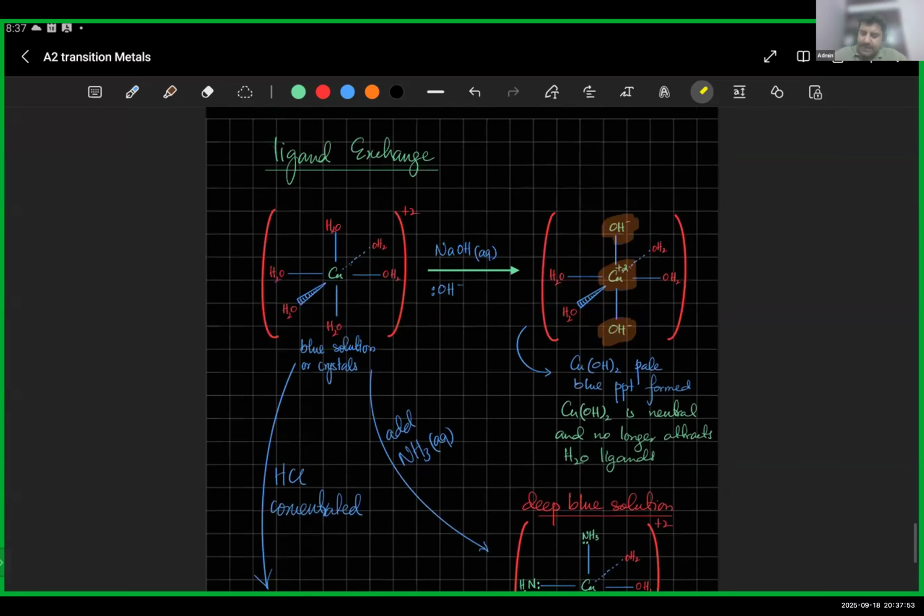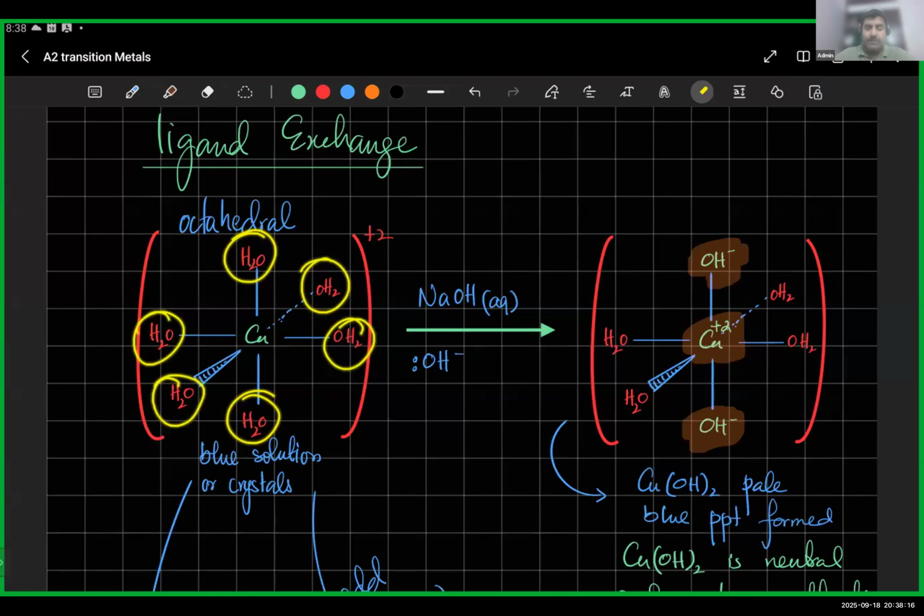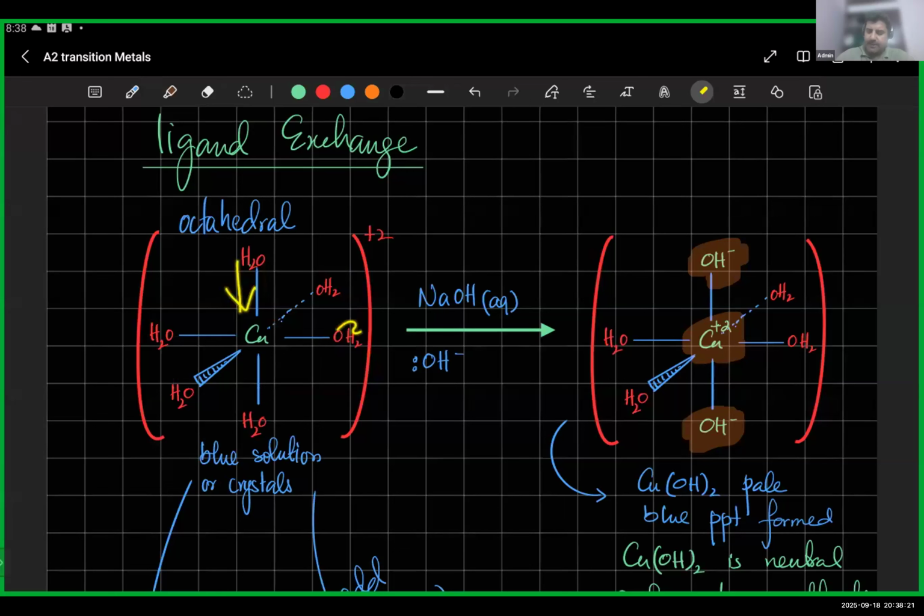about this shape. This is an octahedral complex. If you know the shape for 6 bonds, it is octahedral. One reason is that water is a small molecule. It only has an Mr of 18, so more of them can fit around the copper in the middle.